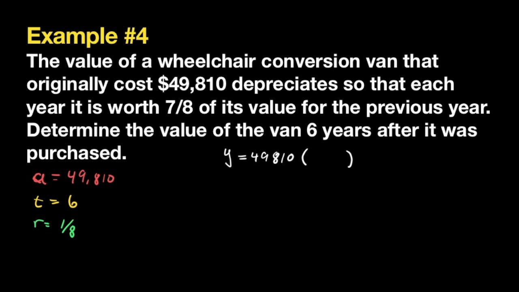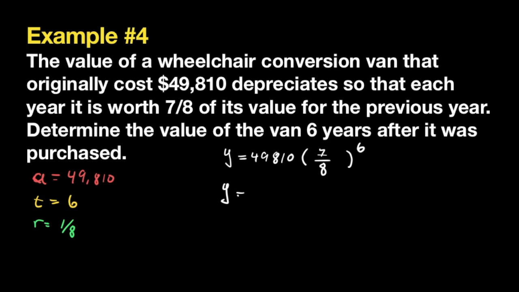So instead of finding that percentage and doing 1 minus 1/8, we can actually just use the 7/8 that is going to be the value of the car. That is the same thing as saying 1 minus 1/8. And then this is going to be over 6 years. And we're going to just plug that into the calculator.